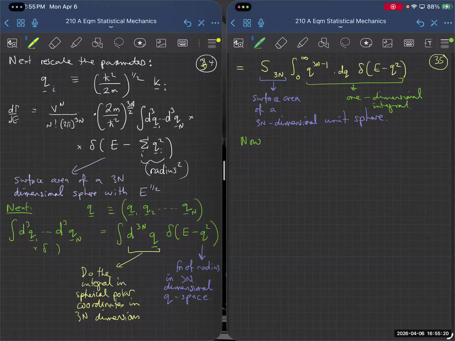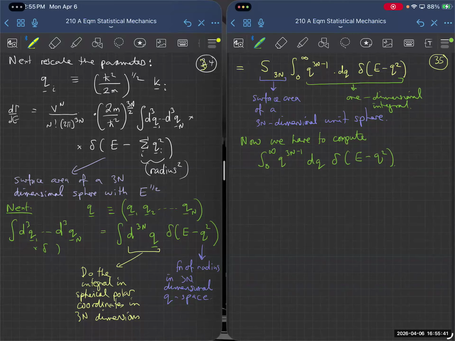So now we have to compute the integral from 0 to infinity, the radial variable, dq delta of E minus q squared.